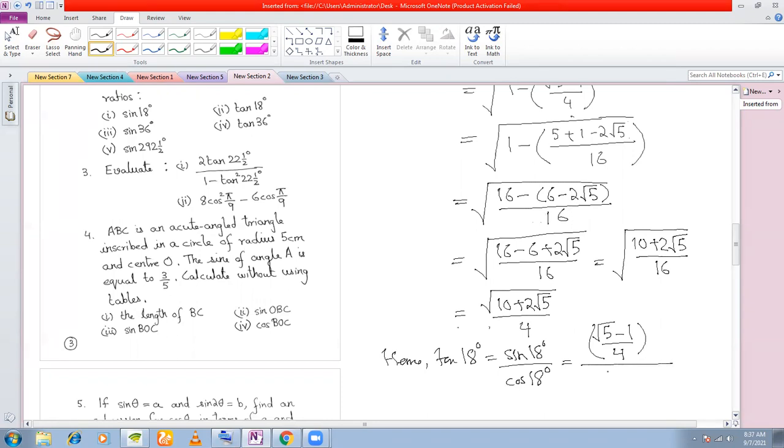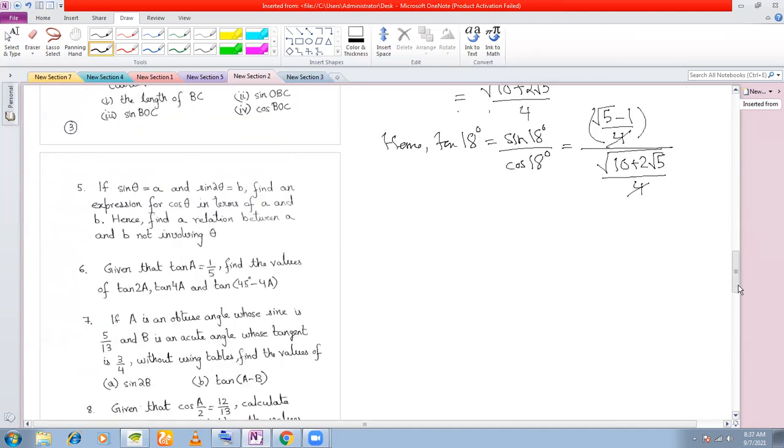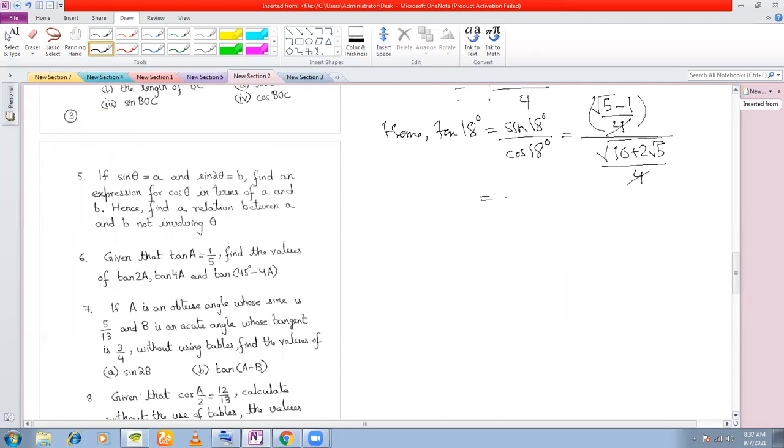And you know the value of cos 18 to be, as we just found out, root over of 10 plus 2 root 5 divided by 4. So clearly here this 4 and this 4 cancel. So that you get root 5 minus 1 divided by root over of 10 plus 2 root 5. And that's your required value of tan 18.